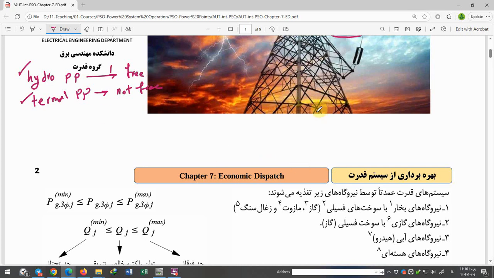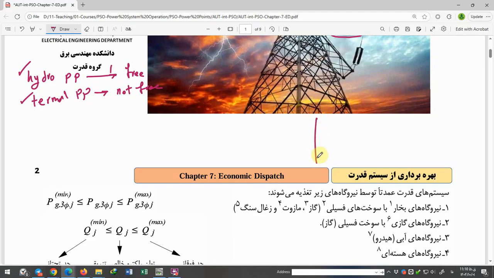The hydropower plants should work, or they would be online, 24 hours.